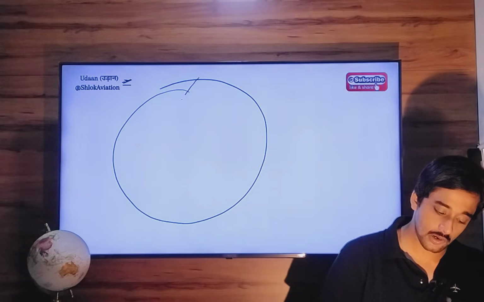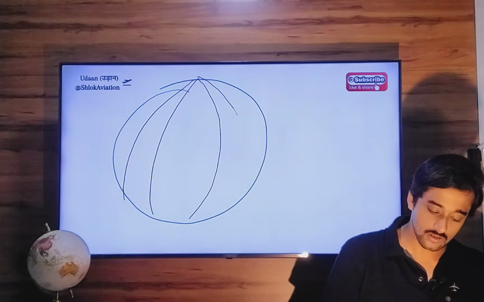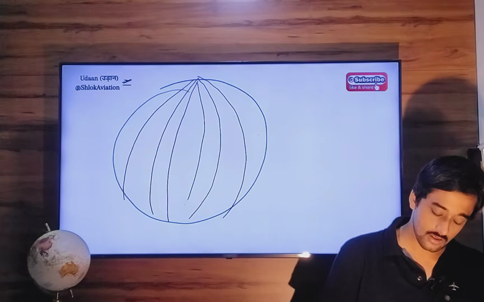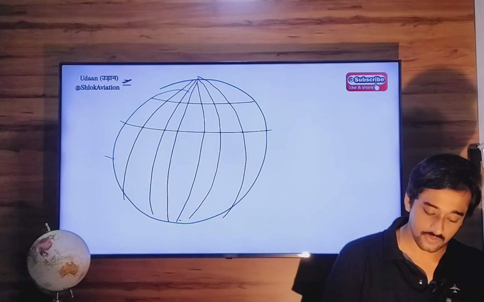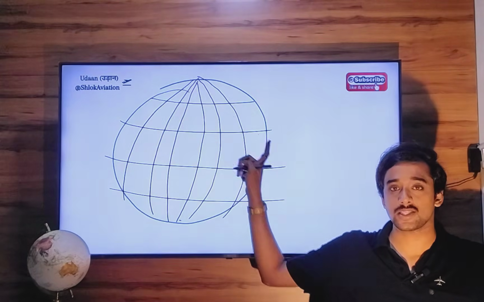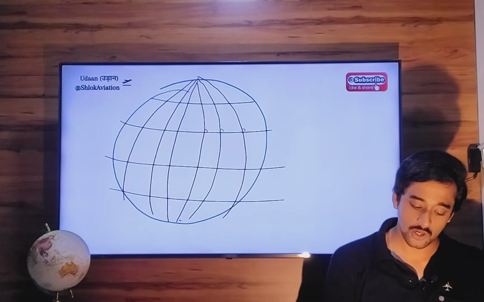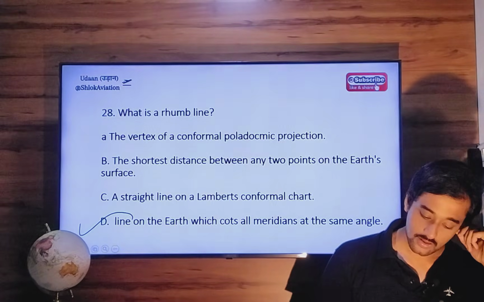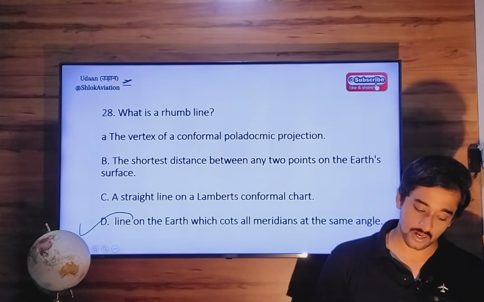These are your longitudes. These are your latitudes. So all latitudes are your rhumb lines. They run east and west in a fixed direction and they cut all longitudes or meridians at the same angle.